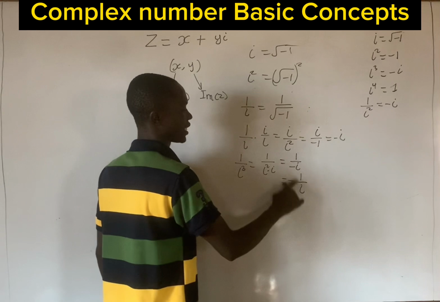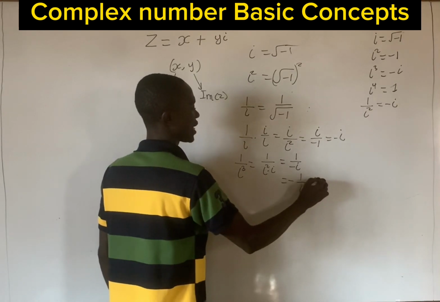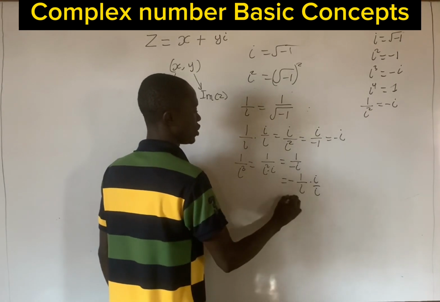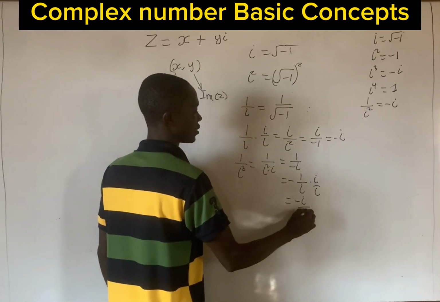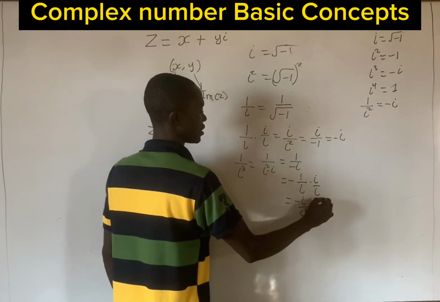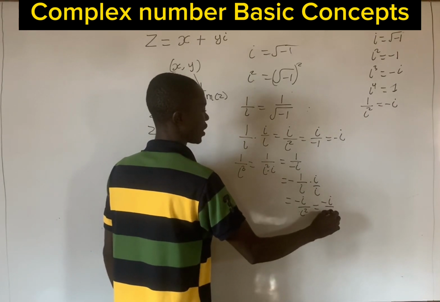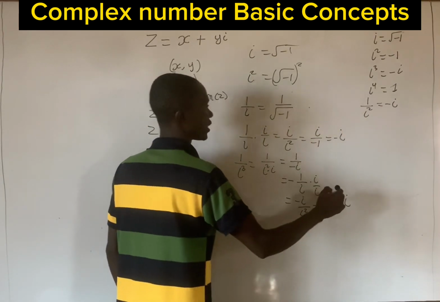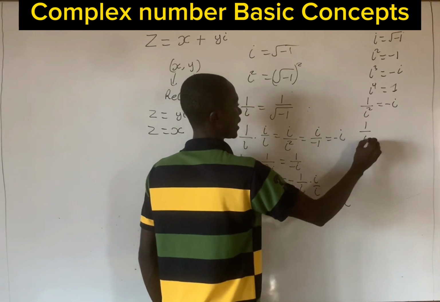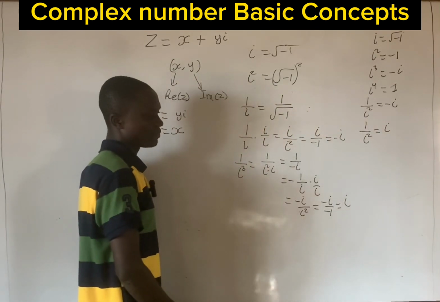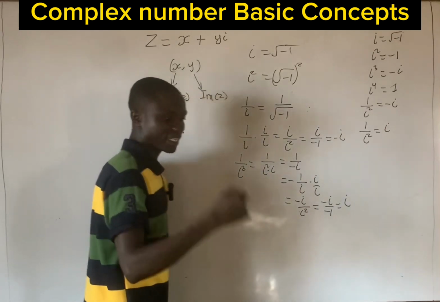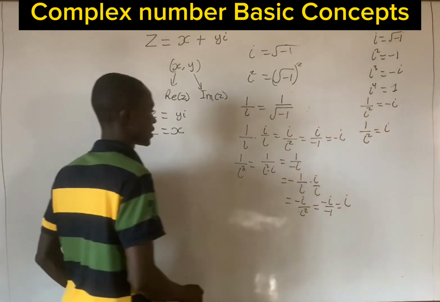So let us rationalize this. If we rationalize this one, we are going to get negative i divided by i squared, which gives negative i divided by negative 1, which gives positive i. So here, 1 divided by i cubed gives positive i in a very simple way. Let us explore more ideas under this.